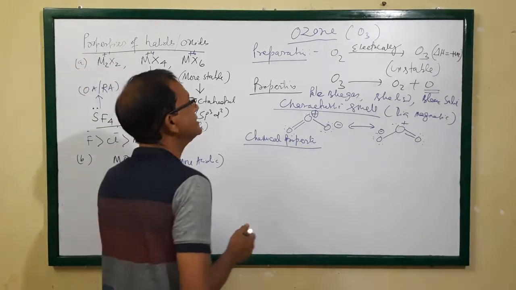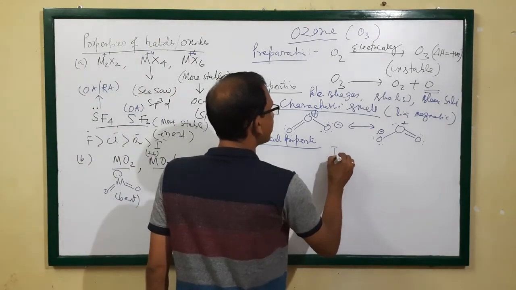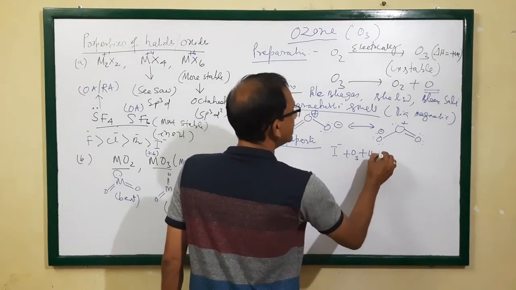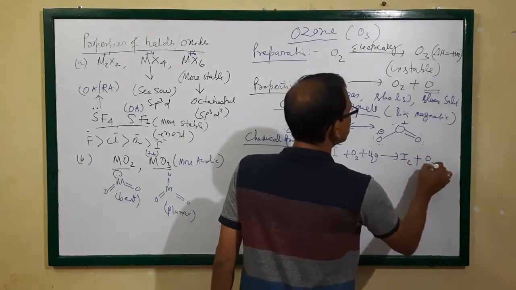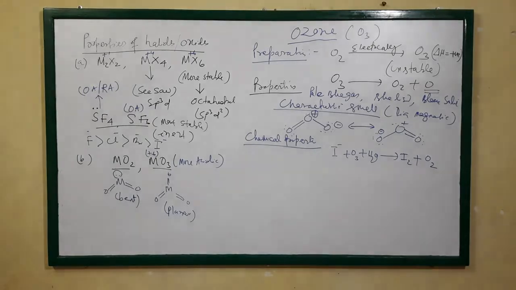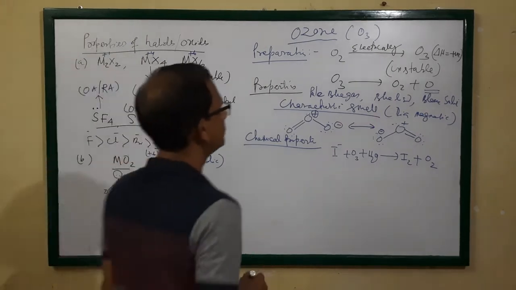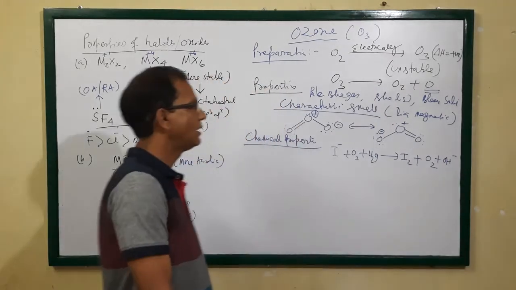It oxidizes I minus, with ozone and water, to convert to I2 plus oxygen. If you balance it, it will be in hydroxide form.